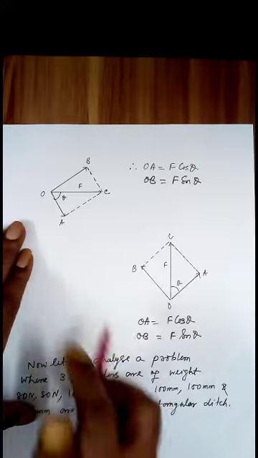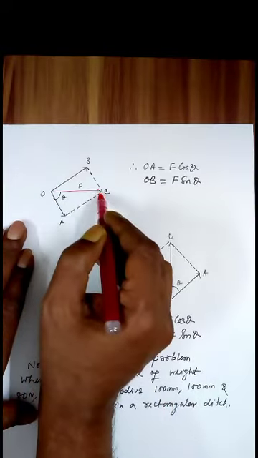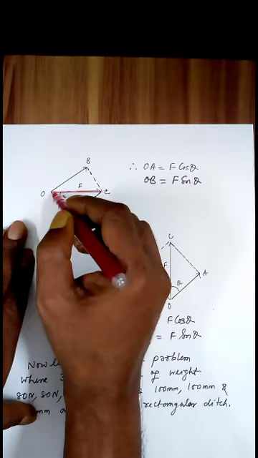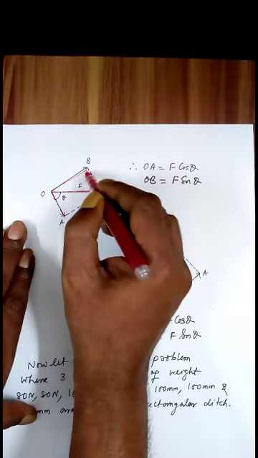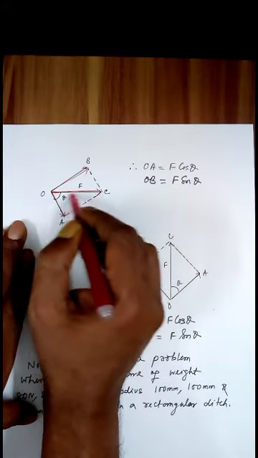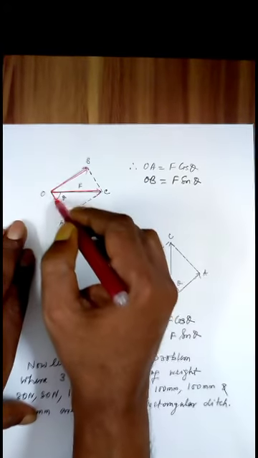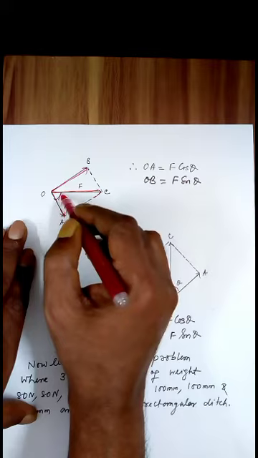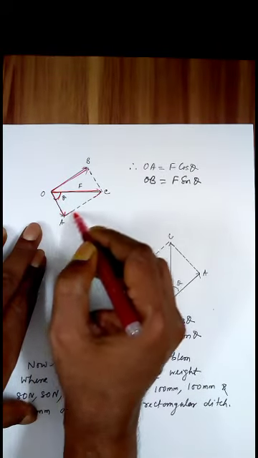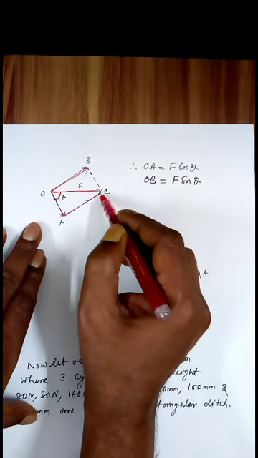For example, let this OC represent a force F. Considering this as the diagonal, I draw a rectangle such that this is the diagonal, this is one side of the rectangle, this is another side of the rectangle. Let this angle be theta. So as I explained to you, the side facing theta will be in sin theta.